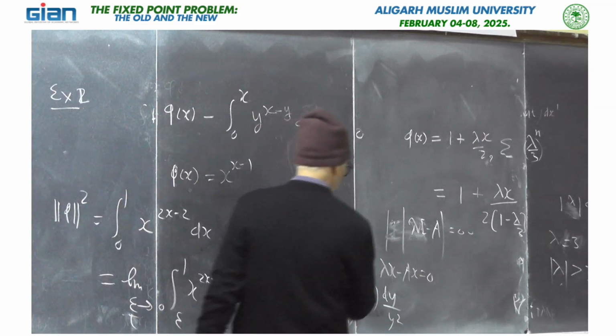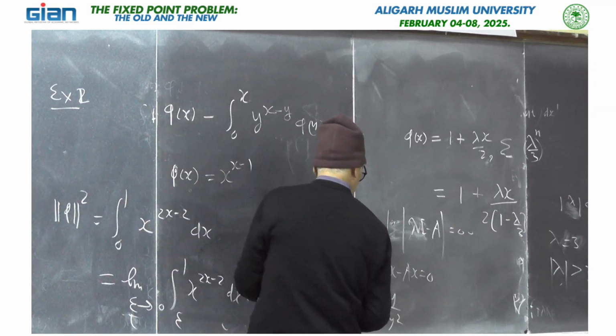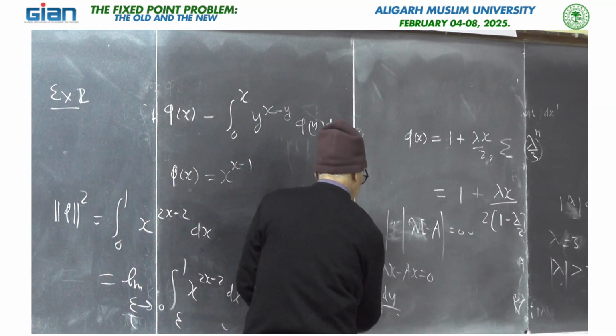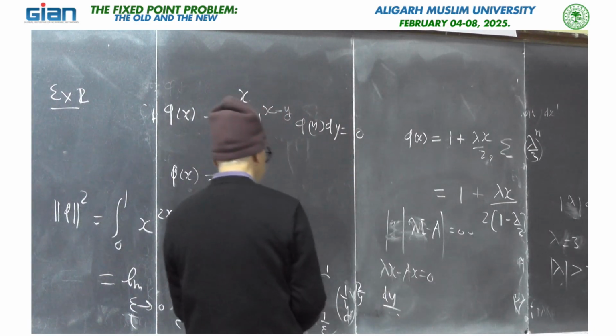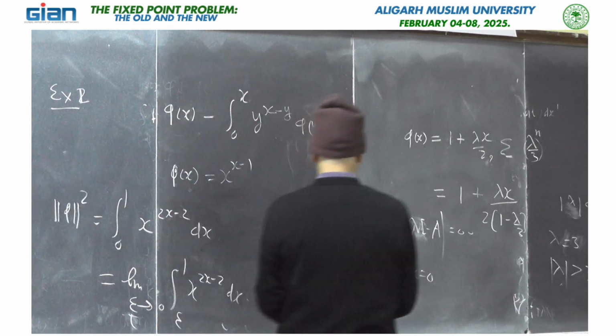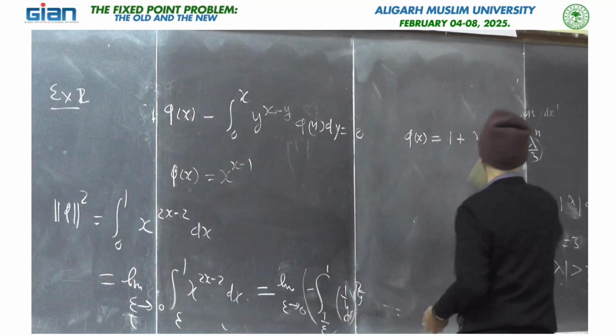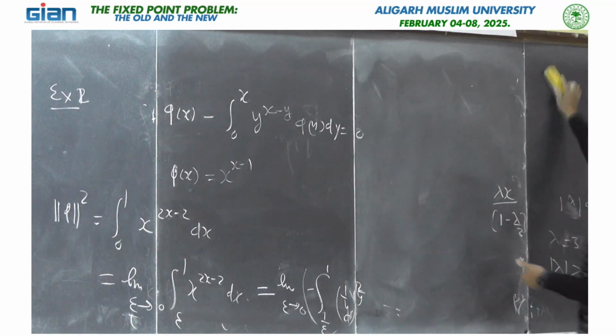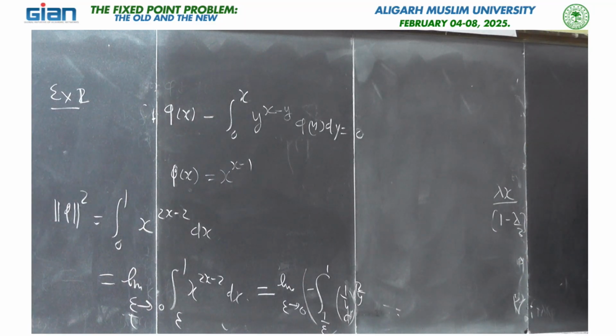So this minus 2, you can cancel this y squared with this one, so you get that. And 1 over epsilon, with epsilon tending to 0, tends to infinity.